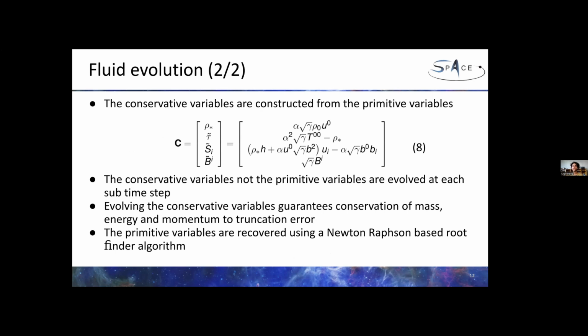The conservative form, the conservative variables are given here in equation 8. And it's the conservative variables, not the primitive variables, that are evolved at each time step. And we do it like this to conserve mass, energy, and momentum to truncation error. This is standard practice within all relativistic MHD codes.